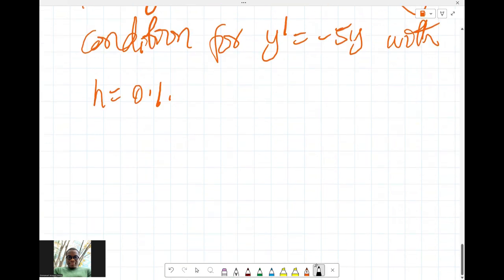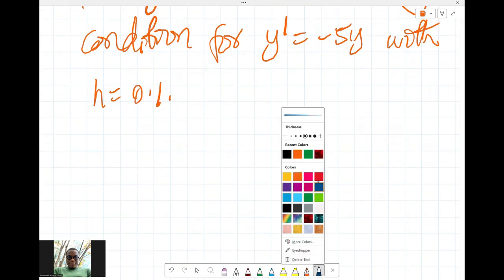So we won't bother applying Euler's method. We just go straight to the stability condition check.